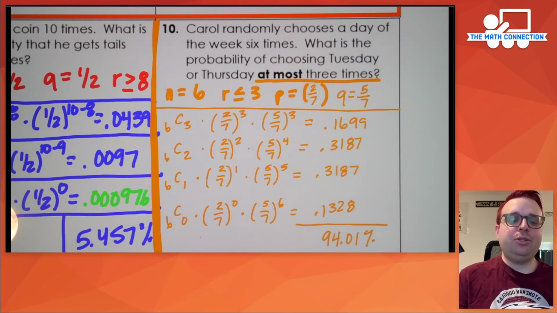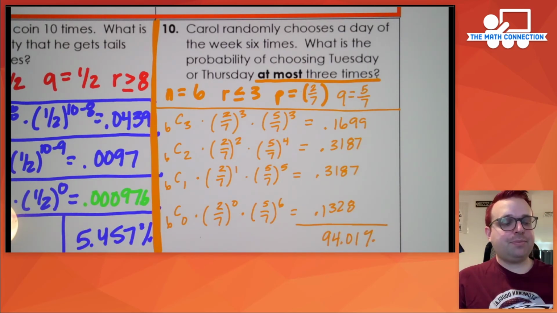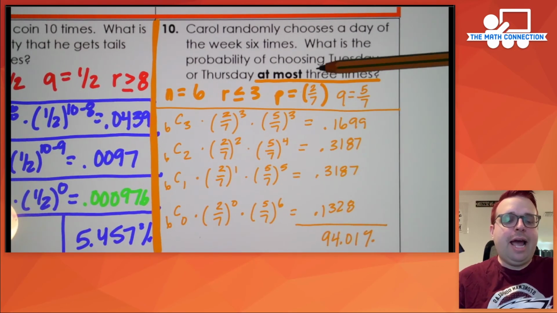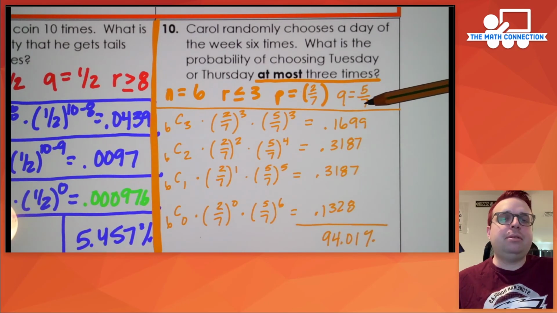If she's randomly choosing a day of the week, 6 times she repeats this experiment, there's already a low probability of success because there's only 2 out of those 7 days that it could be. And we're looking for, at most, 3 times.